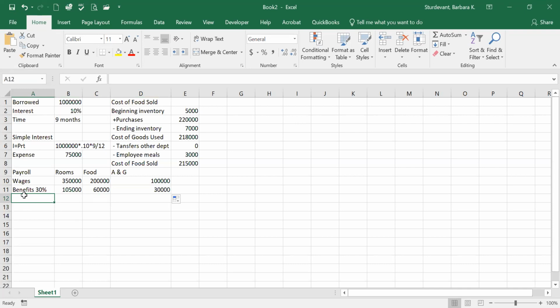The key that you have to watch for is that free food. Sometimes it's included in this 30%. In this example, it's included in the 30%.